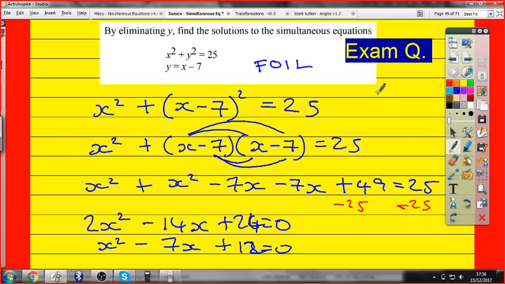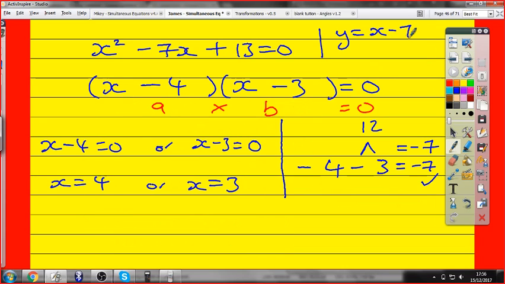Is that full marks? It is, isn't it? If they want the solutions for simultaneous equations, you must also find y. So now we know x equals 3 or 4, y equals x minus 7.